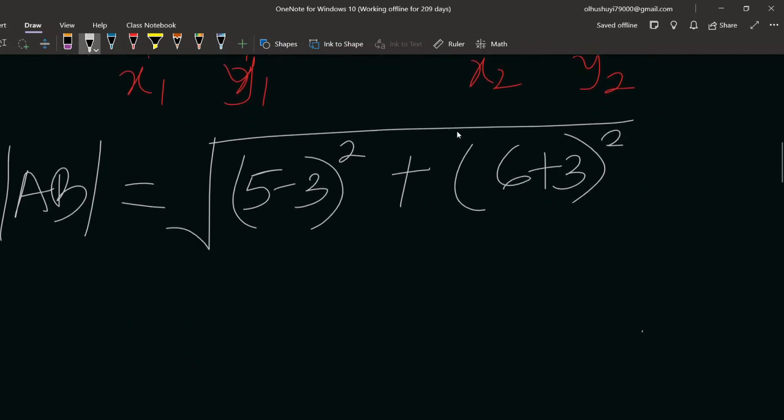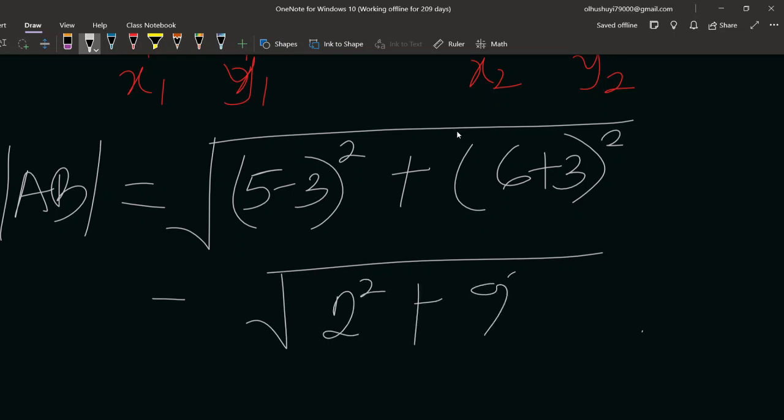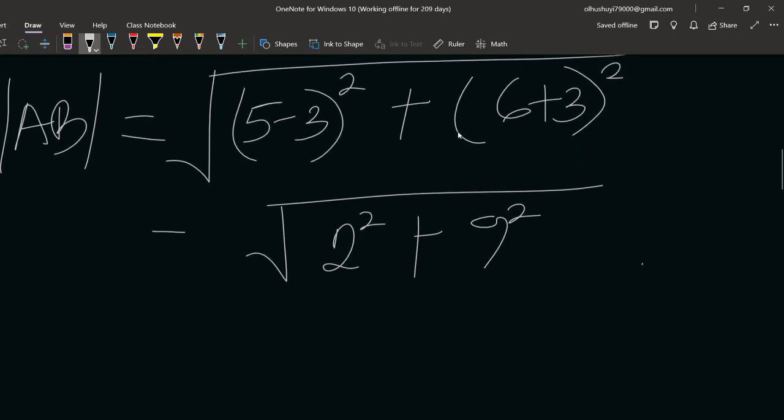So what do we have? That becomes the square root of 3 squared plus 9 squared, which is 9 plus 81. That will give us the square root of 90.